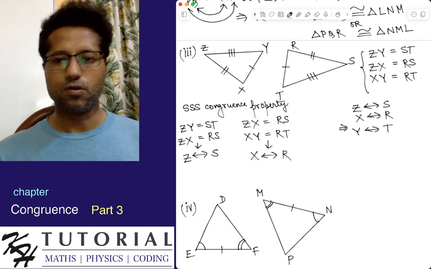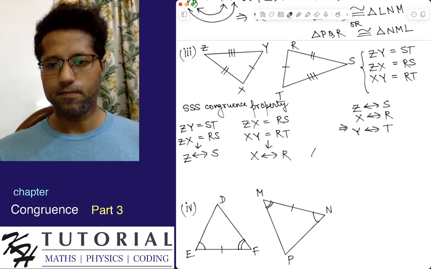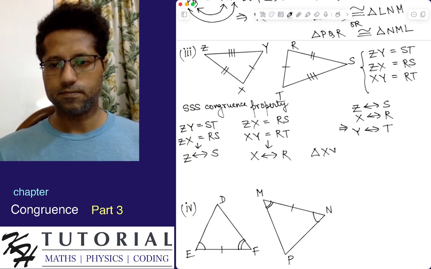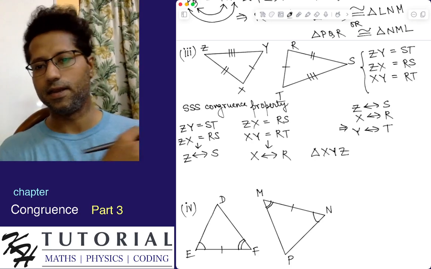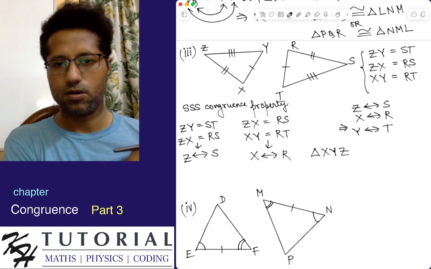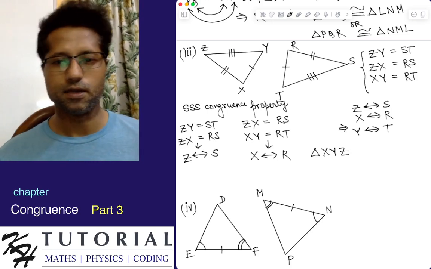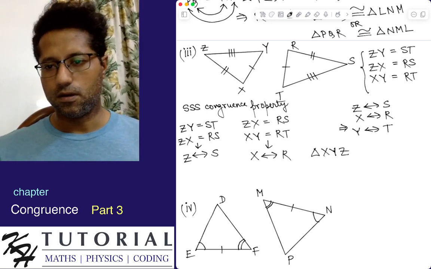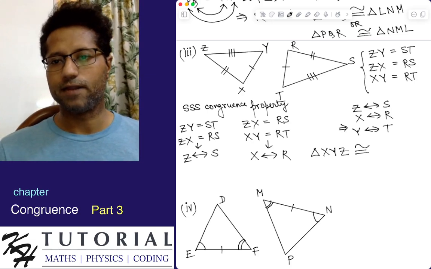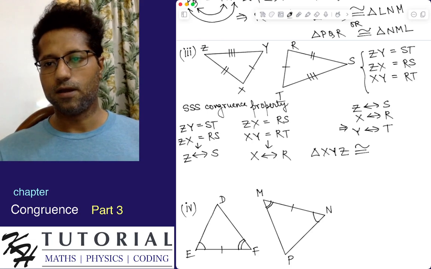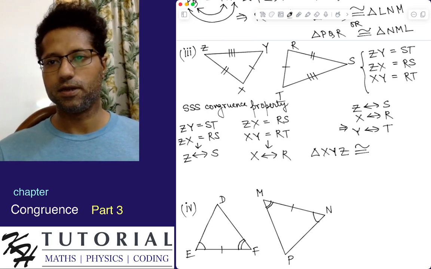So the congruence relation can be named in any way. I can name the first triangle in any order, using any ordering of the letters X, Y, Z. But when I write the name of the other triangle, I have to mention the corresponding vertices.